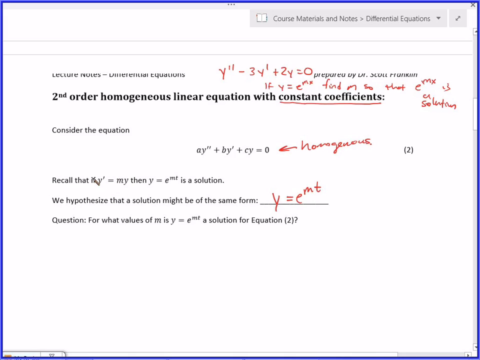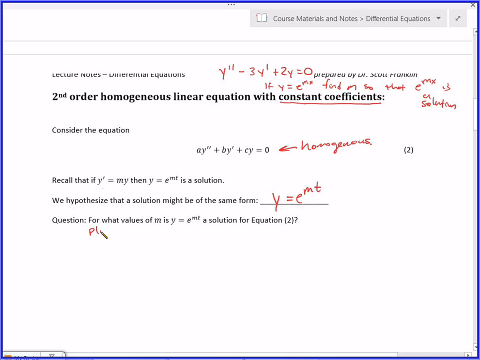Back when we did this basic kind of problem, y prime equals a constant times y, we found that the solution was y equals e to that constant times t. Okay, so what values of m does this actually make a solution?